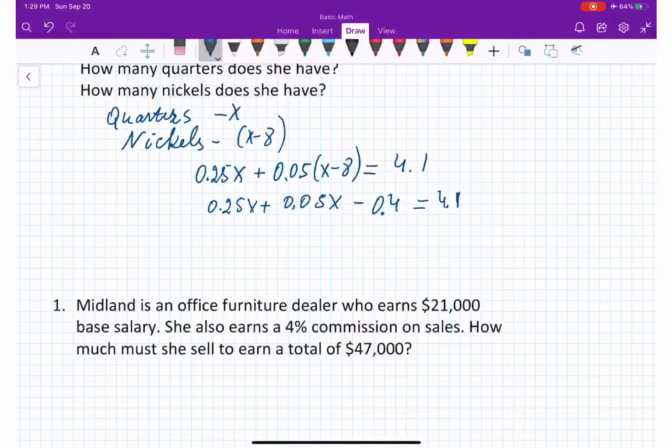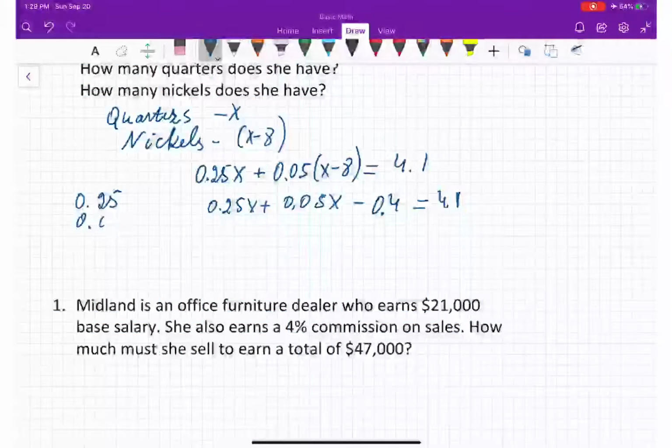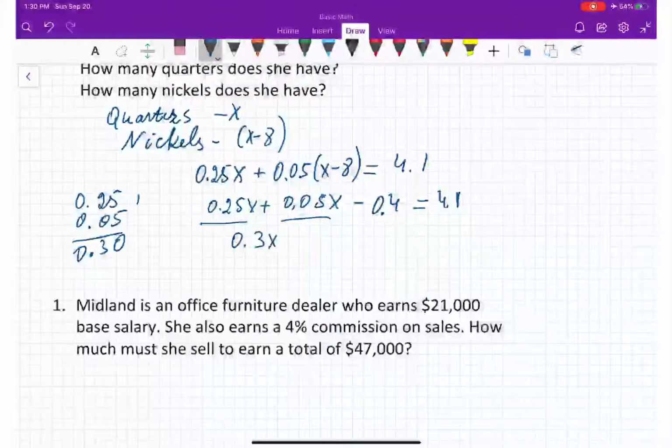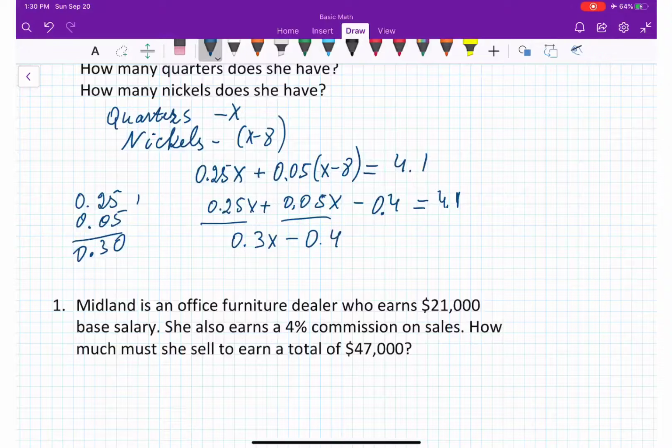Okay, let's add 0.25 plus 0.05. 5 plus 5 is 10, 1 in mind, 2 and 1 is 3, decimal 0.3. These two are like terms, right? Then we are adding 0.3x minus 0.4. Might as well just move 0.4 to this side. It's going to be equal to 4.1 plus 0.4.